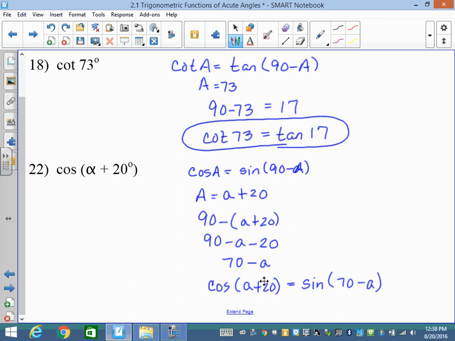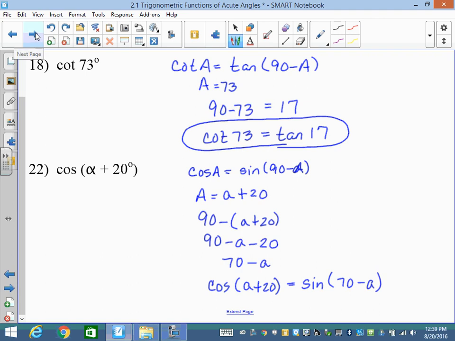Don't overthink this one. Basically, we're looking for complementary angles. 73 plus 17 is 90, complementary angles.